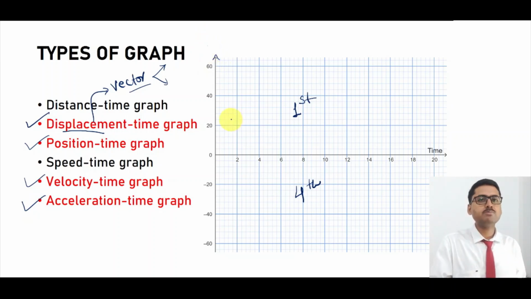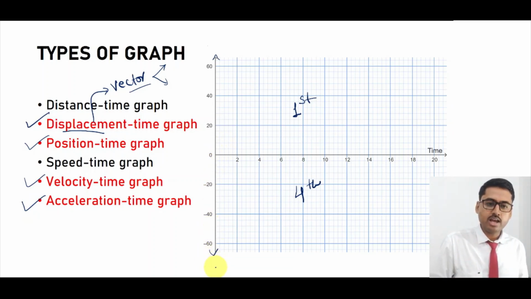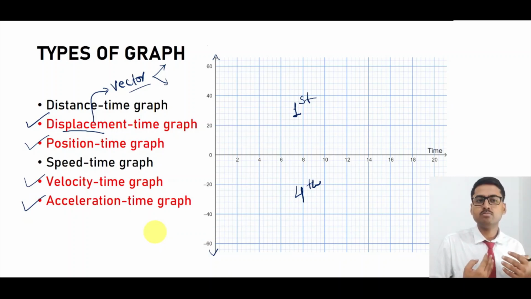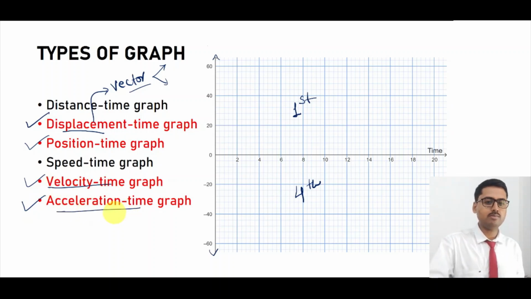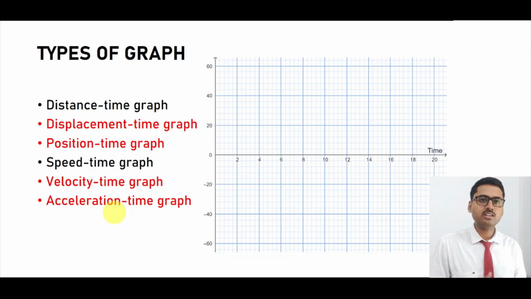When the displacement is negative, we will require the negative y-axis, and that is why the graph will be lying in both the quadrants, first and the fourth. Same is true for velocity time graph and acceleration time graph. So I hope you have got a brief idea about the types of graph and which quadrant the graph is going to lie.